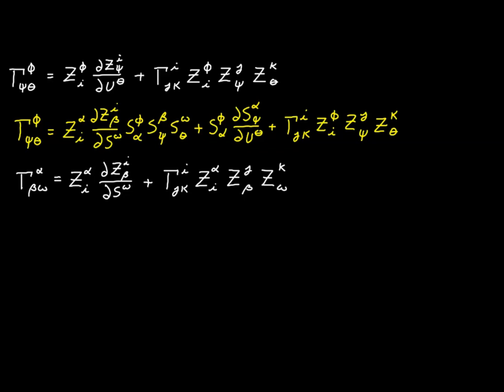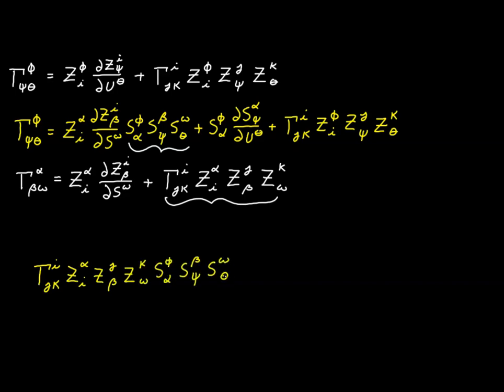All right, well, now look what happens when we multiply this term by these three factors right here. When we do this, we can make use of our chain relationship for shift tensors to reduce the expression. For example, this factor combined with this one will give us z phi I. This one combined with this one will give us z j psi.